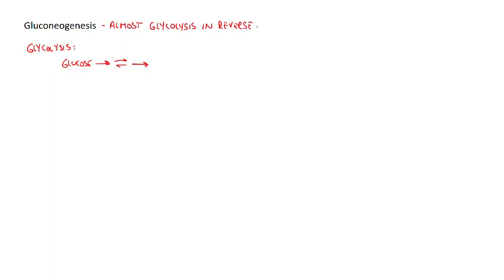And I'm using a one-directional arrow for irreversible reactions and equilibrium arrows for reversible reactions. All right, so notice that we have 3 irreversible reactions of glycolysis, and those are your 3 regulated steps. Steps 1, 3, and 10.